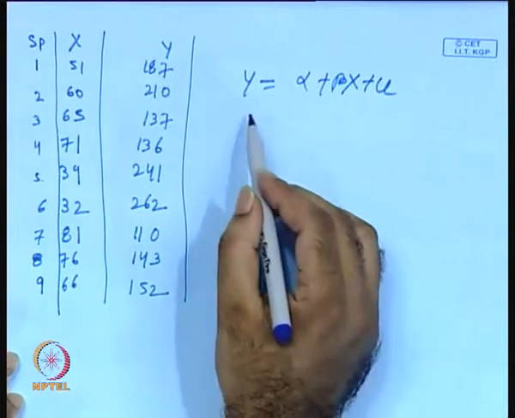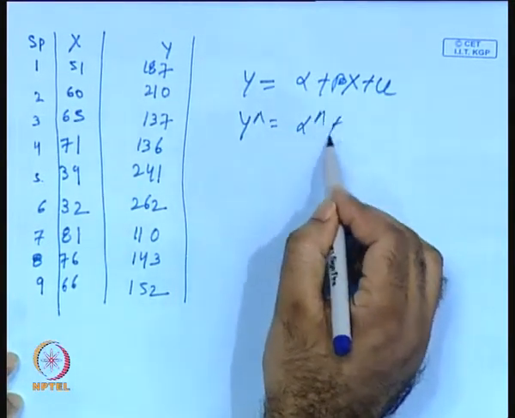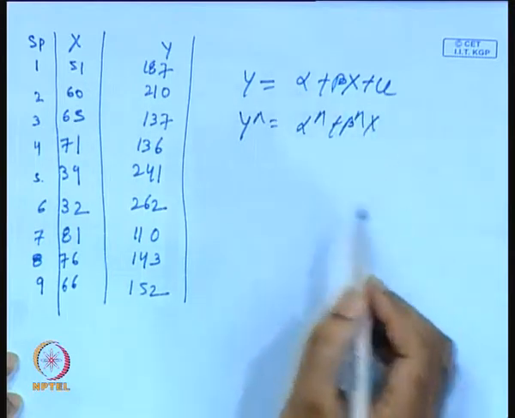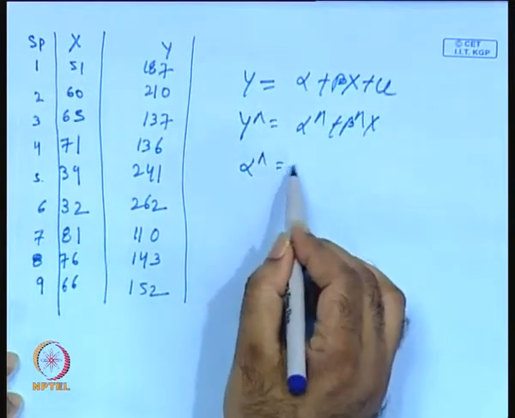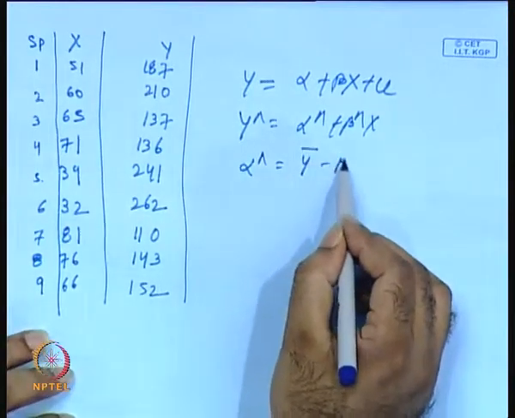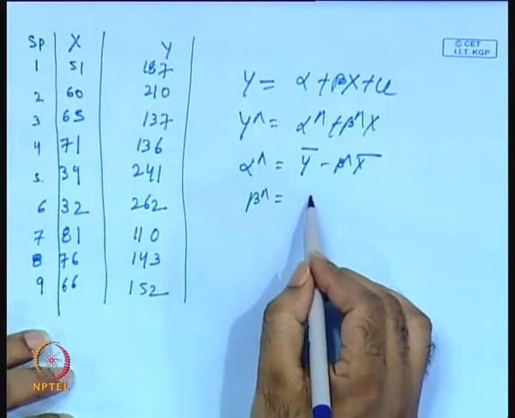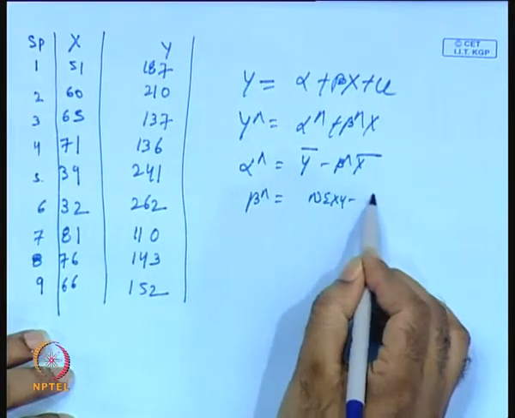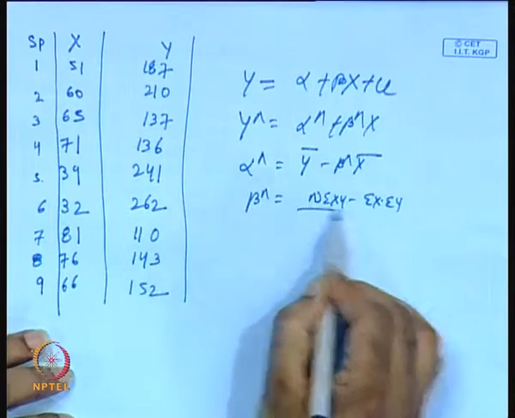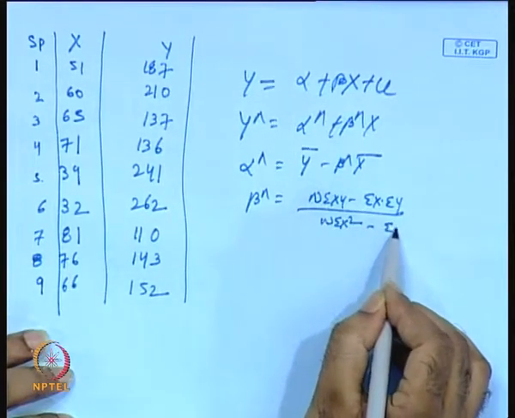Now we assume the estimated model is y hat equal to alpha hat plus beta hat x, where alpha hat equal to y bar minus beta hat x bar, and beta hat is equal to n summation x y minus sum x into sum y, divided by n summation x square minus sum x whole square.